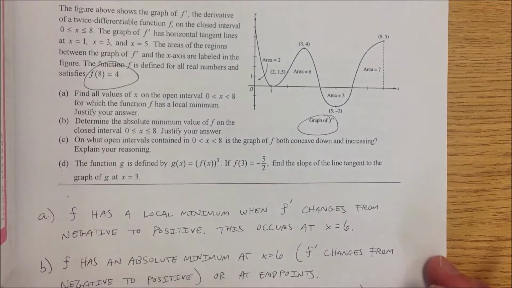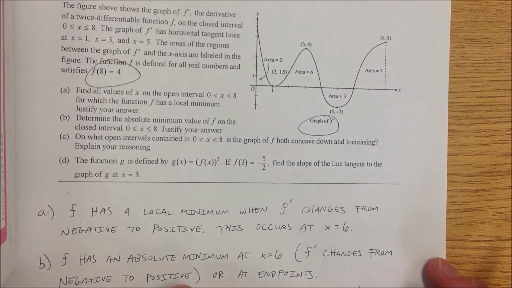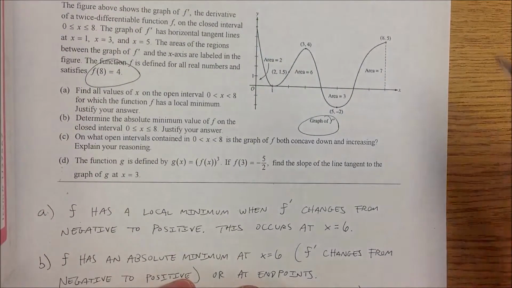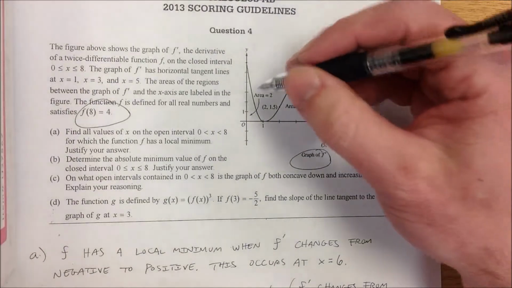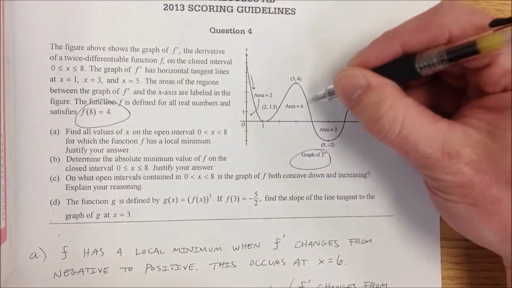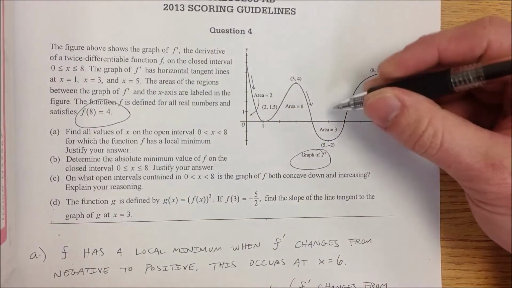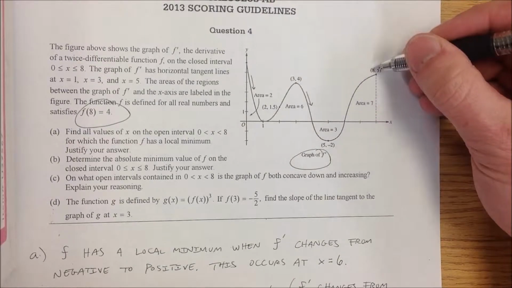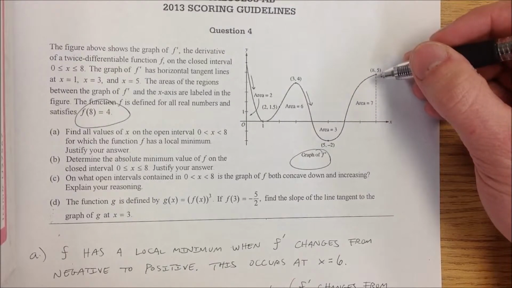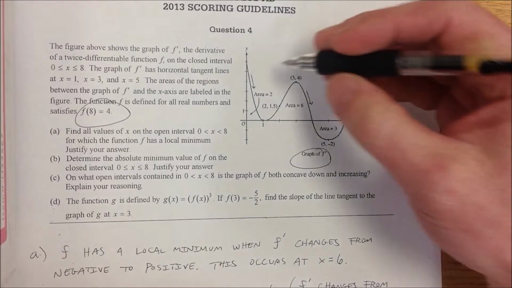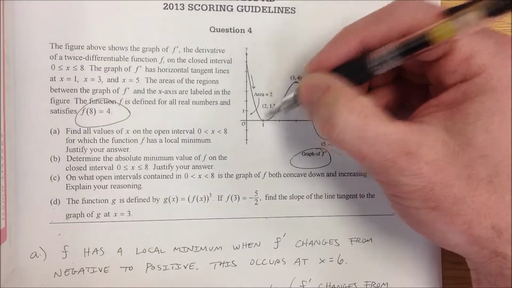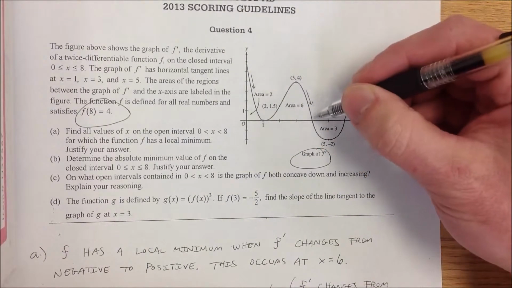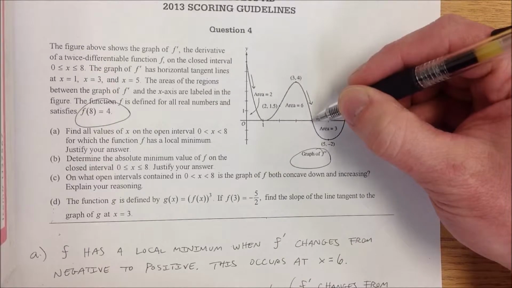And then f is concave down when f double prime is negative. So we're looking for where f prime is decreasing. So for example, here, here, and this is out because f prime is increasing on that interval. So we have the two intervals. They run from 0 to 1 and from 3 to 4.